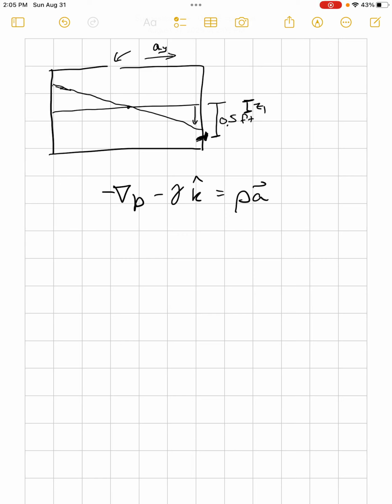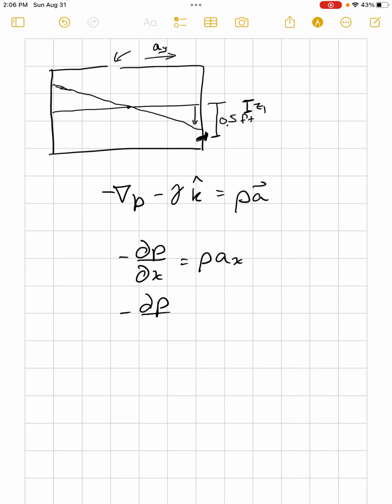Okay, so remember that this is really three equations. We have one in the x direction, one in the y direction, and one in the z direction. Okay, so what those equations are is, well, negative derivative of pressure with respect to x is equal to the density times the acceleration in the x direction.